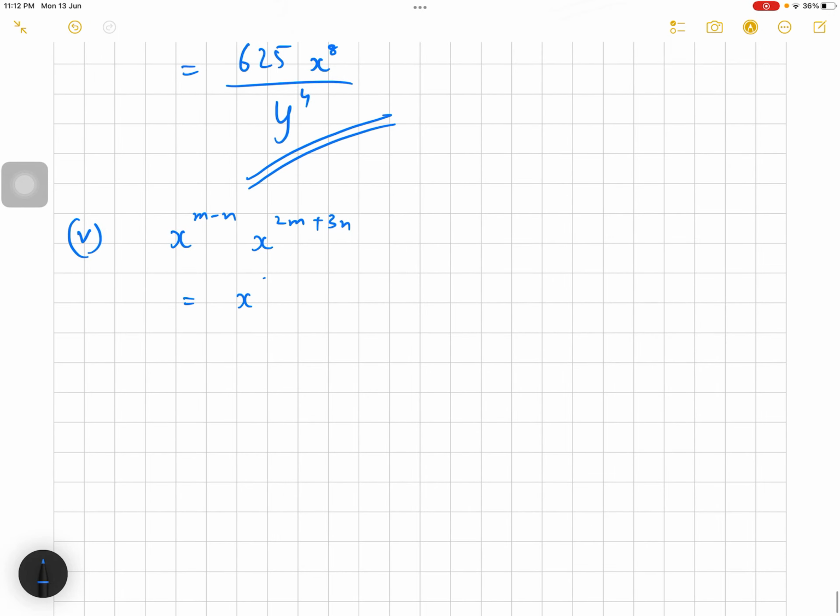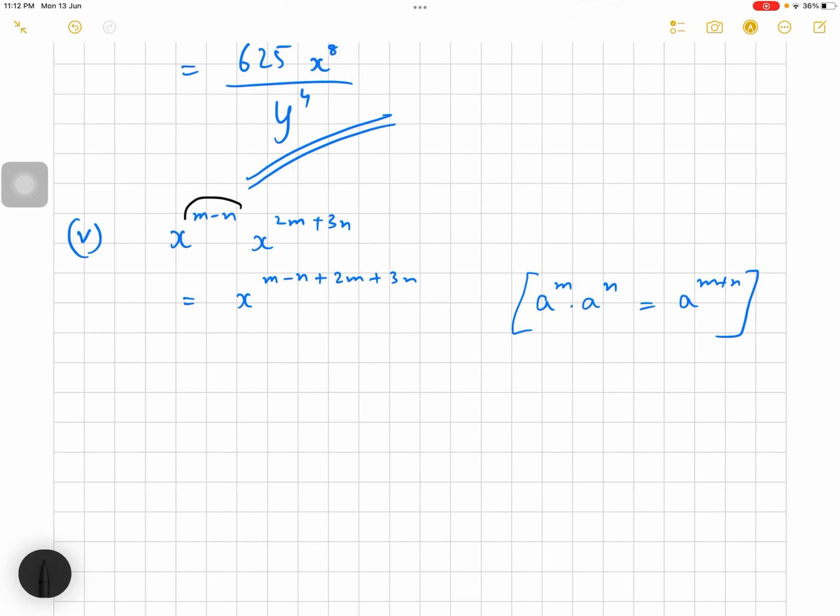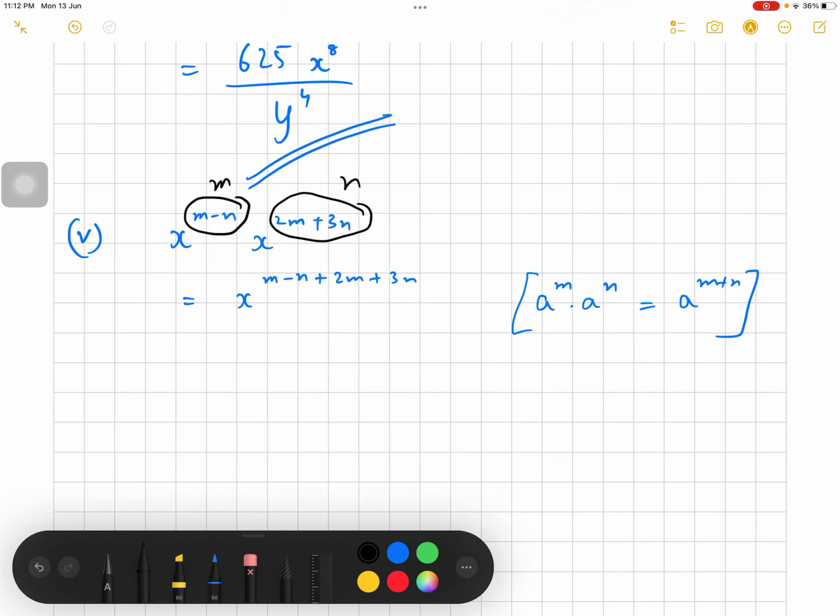How can I write this? x raised to m minus n plus 2m plus 3n, right? a raised to m into a raised to n is equal to a raised to m plus n. I'm using this first law. Okay. Fine. Where this is my m and this is my n.